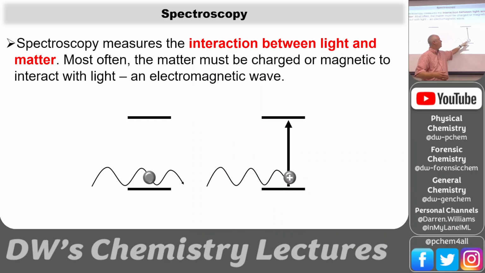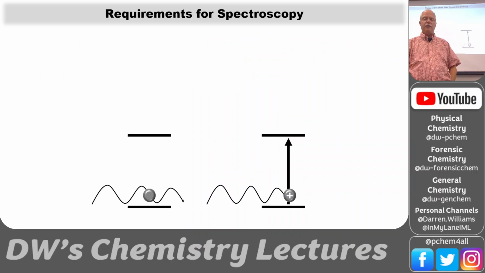Then the integral with the other wave function is non-zero, perhaps. If it's zero, there's no probability of jumping, but if it's non-zero, that interaction with the other states is non-zero, then we could have a probability of jumping those energy levels if the light energy matches that energy difference.